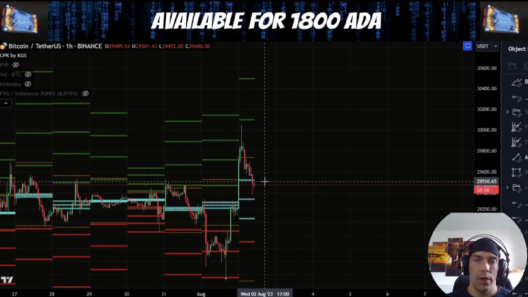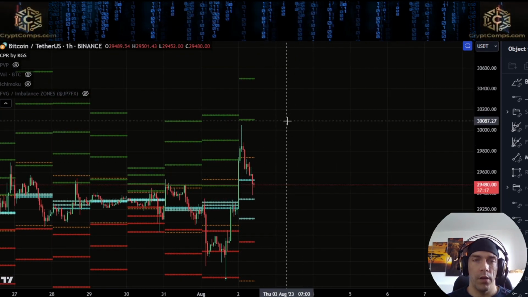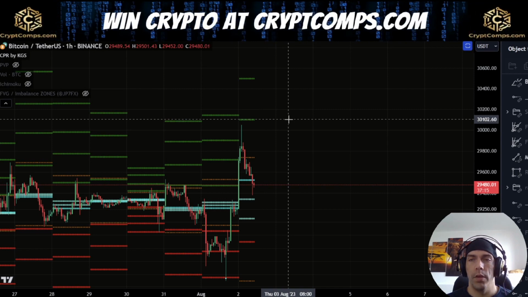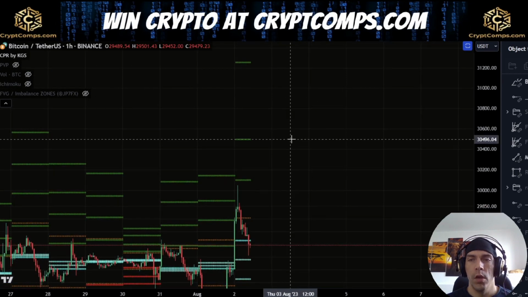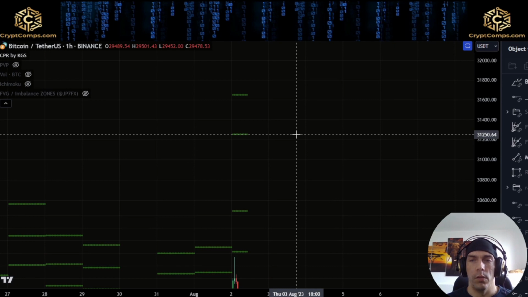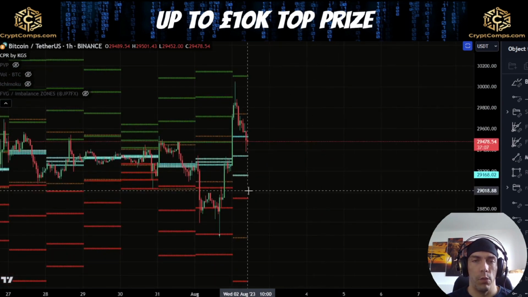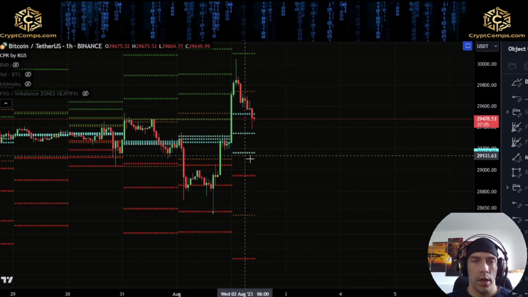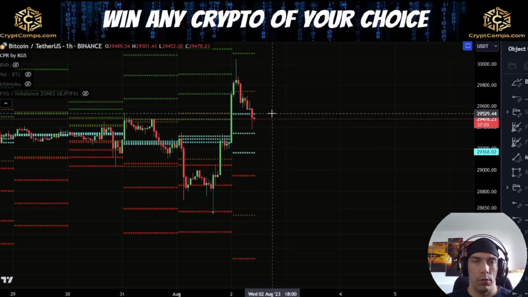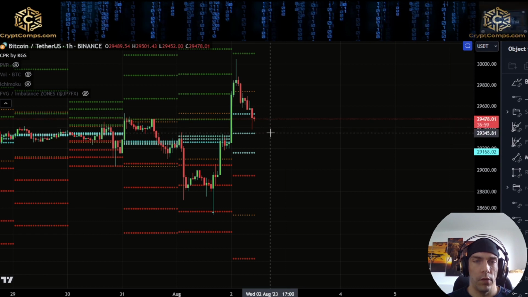If we do see price move back to the upside here, potential targets for today would be this 30,102, 30,492, 31,250, and this 31,651. If we do see these actually get lost, these central lines here, this 29,525 could potentially be resistance where we currently are.